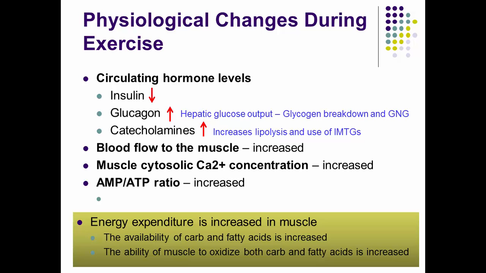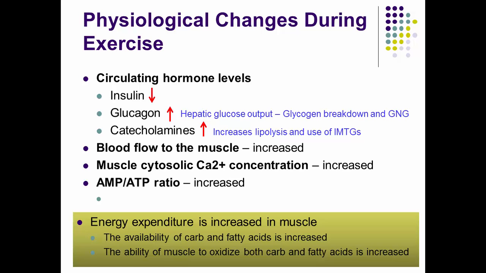Okay, so in addition to the hormone level changes during exercise, physiologically, the second thing is that the blood flow to skeletal muscle is also increased. What is the reason to increase the blood flow to the skeletal muscle? What is the purpose? Increase oxygen? Yes, increase oxygen delivery to the muscle, right?